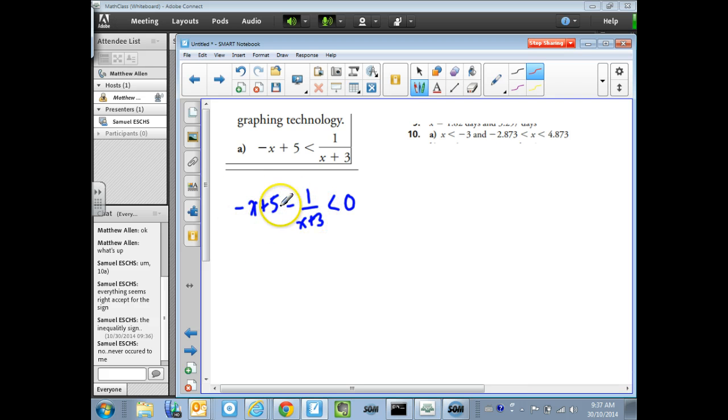So I essentially need to write this section here over x plus 3. I'm going to treat it as a single piece, although I could do it separately as well. It doesn't really change things. And so this is going to be the common denominator. I need to multiply the top by that as well.